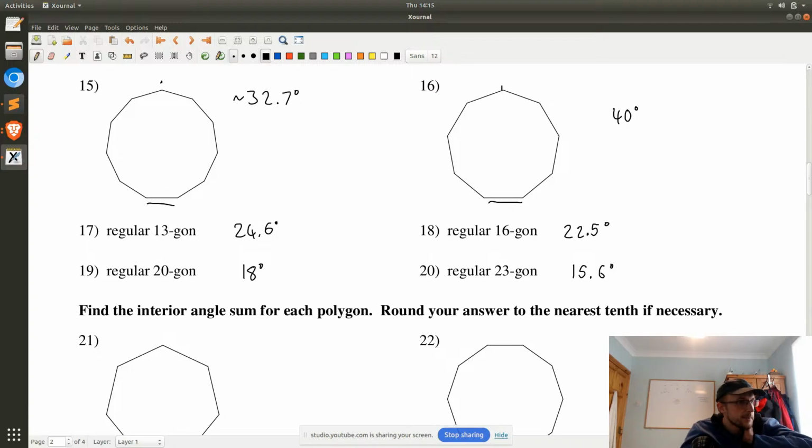And check. Closer would be 7 in both of these cases, actually. That's alarming. All right.